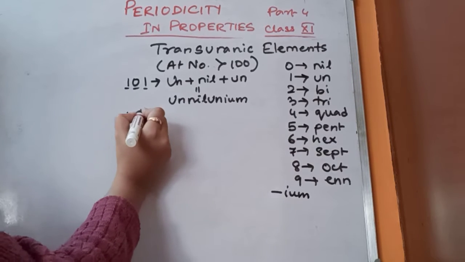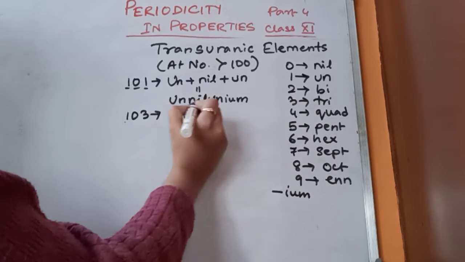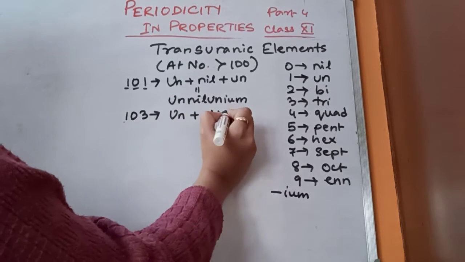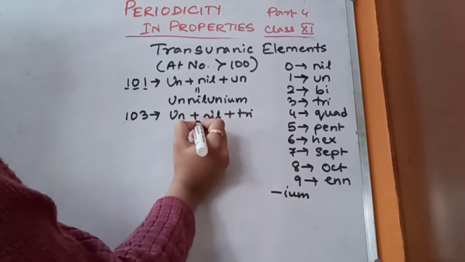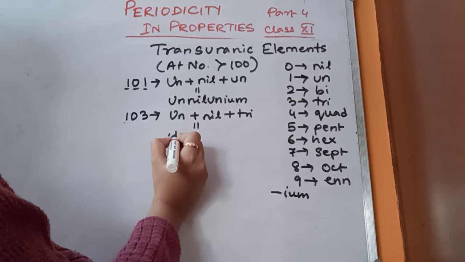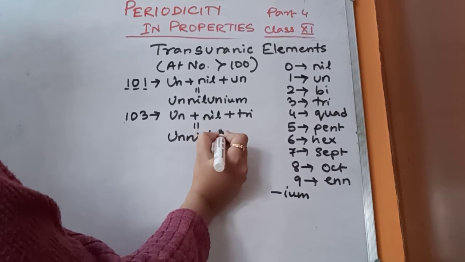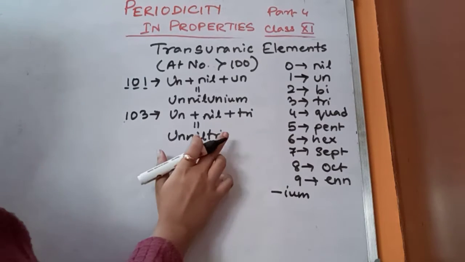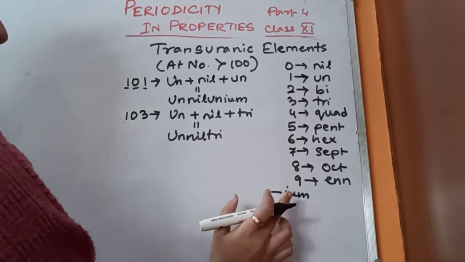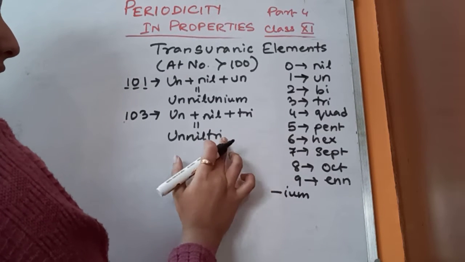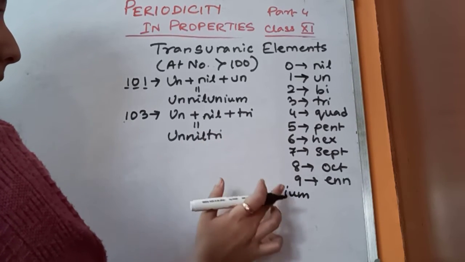Now for 103, for 1 it is un, for 0 it is nil, for 3 it is tri. So it will come un, nil, tri. See, when the last letter is I and you are asked to add the suffix IUM, we cannot repeat two I's together.